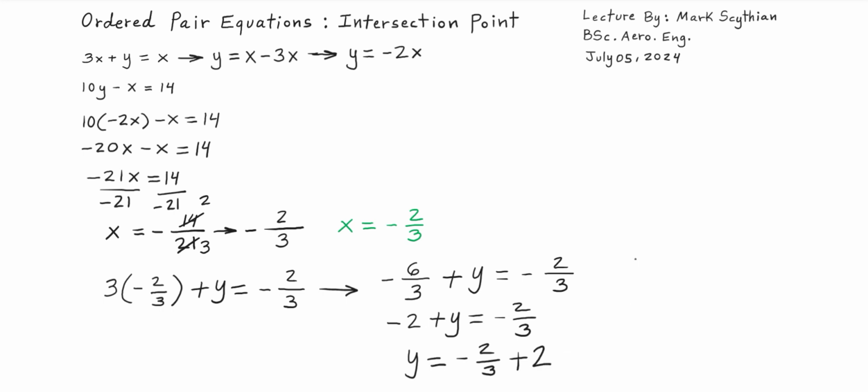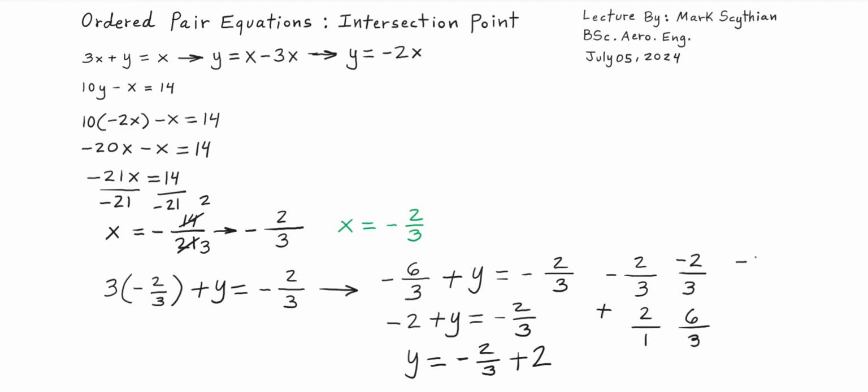And so now all we're doing is just adding two fractions, negative 2/3 plus 2 over 1. We get a common denominator of 3. 3 divided by 1 is 3, times 2 is 6. 3 divided by 3 is 1, times -2 is -2.